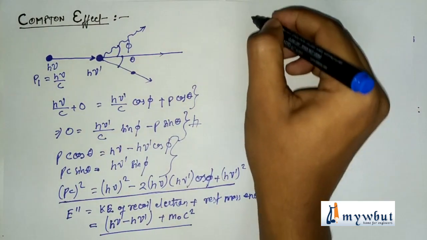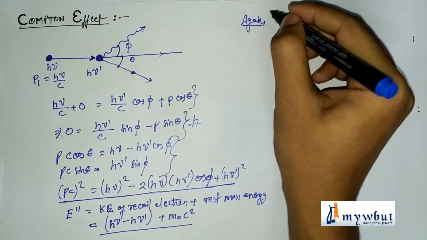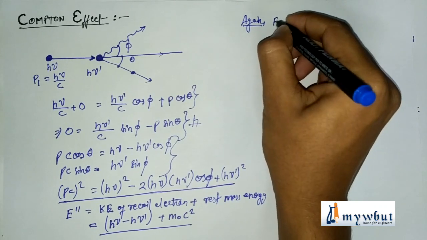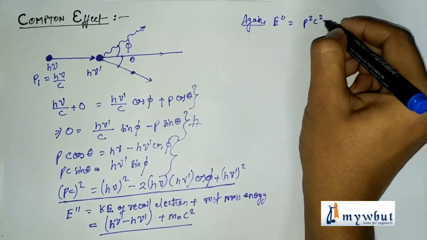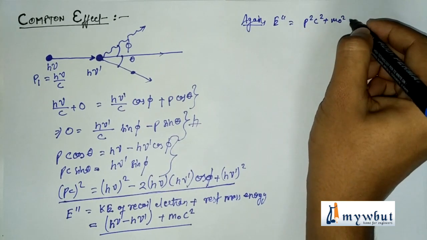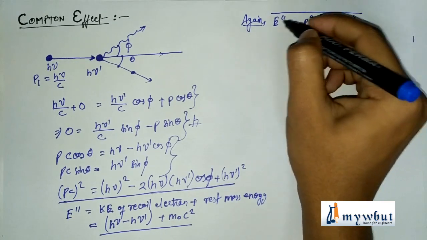Again, E double dash can be written in the form of root over p square c square plus m naught square c to the power 4.